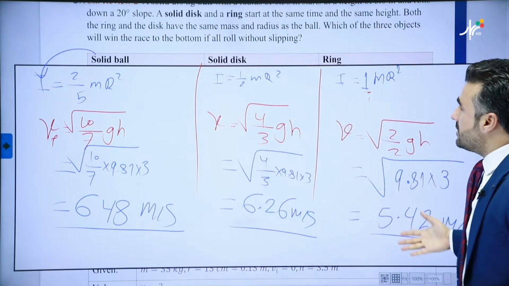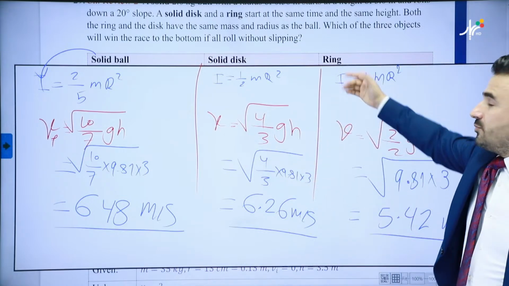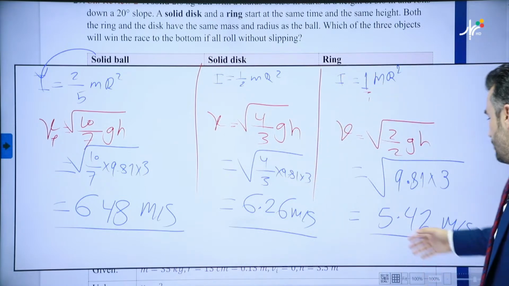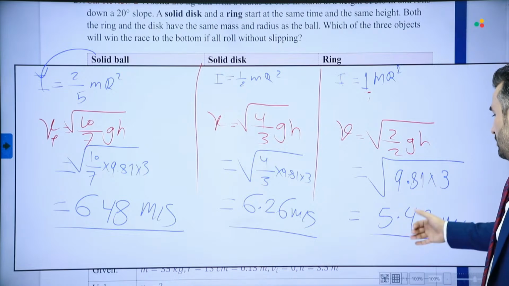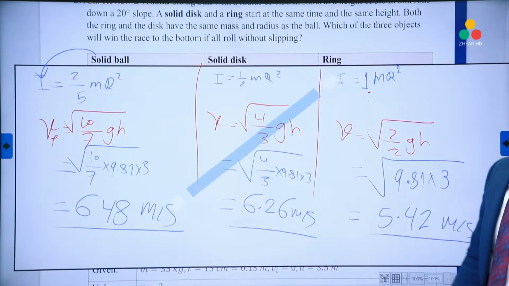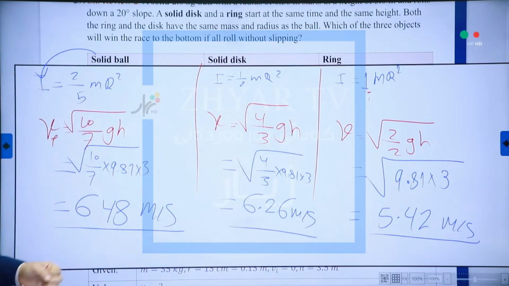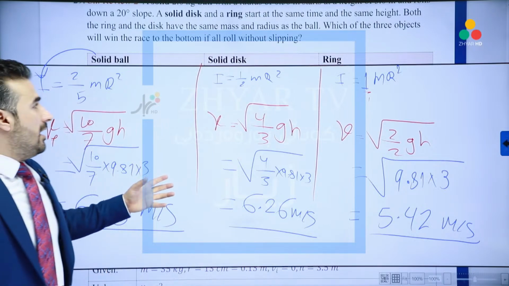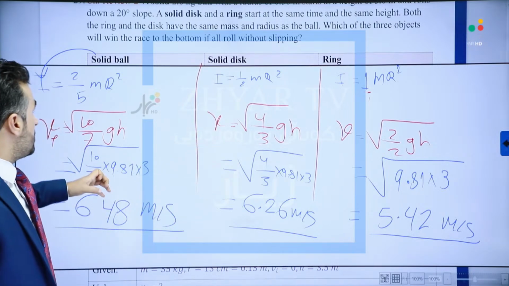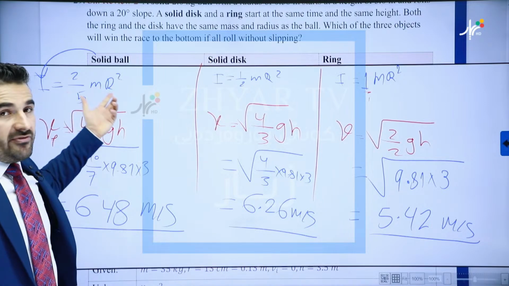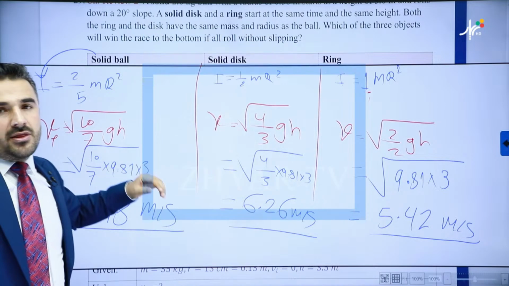And then the one that comes last would be the ring, with a translational speed of 5.42 meter per second. So remember this: their translational speed depends on the shape of the object and on the height as well.